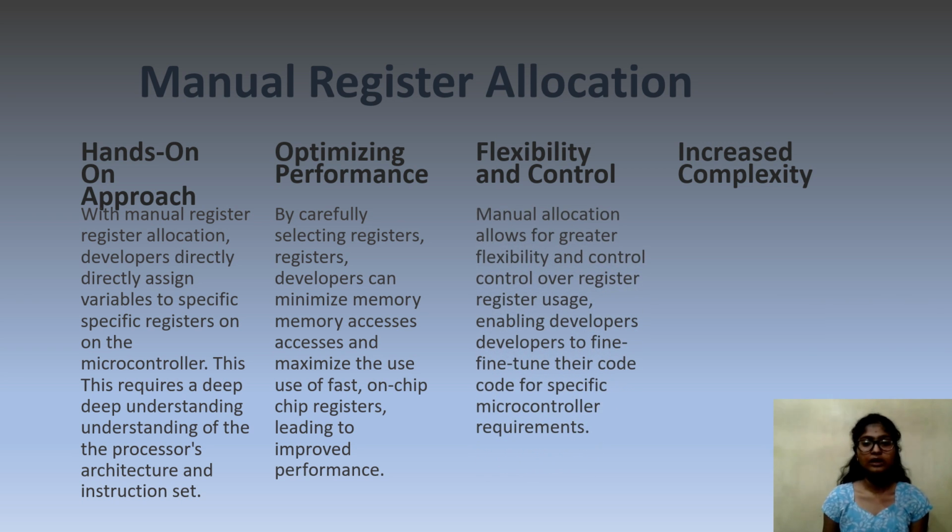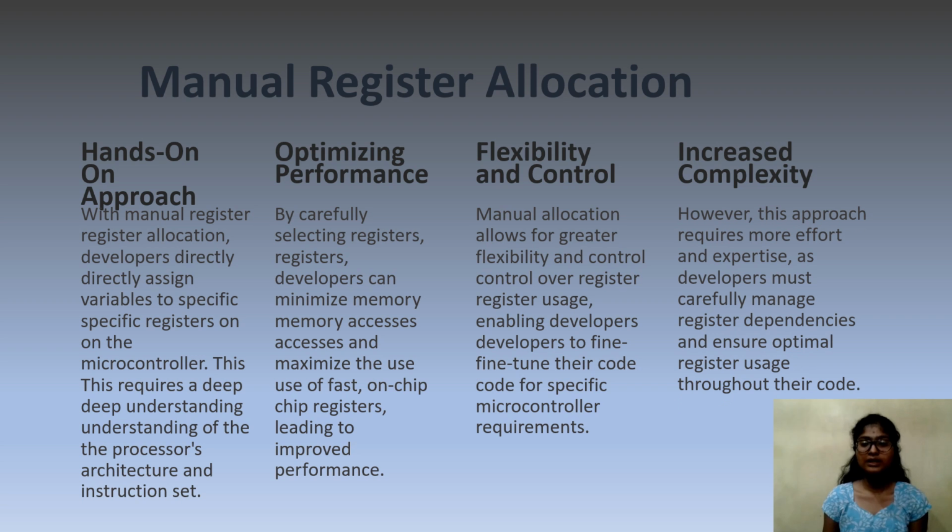Manual register allocation is also flexible and gives control over register usage, enabling developers to fine-tune their code for specific microcontroller requirements. However, this approach requires more effort and expertise, as developers must carefully manage register dependencies and ensure optimal register usage throughout their code.